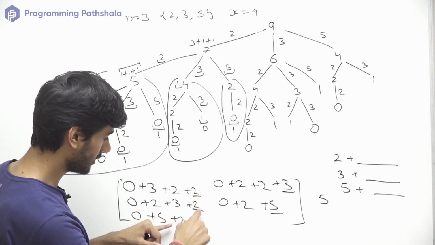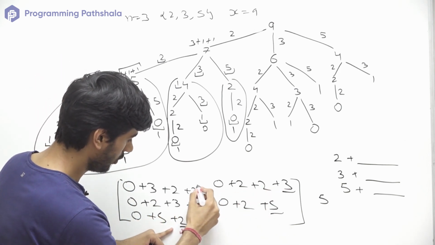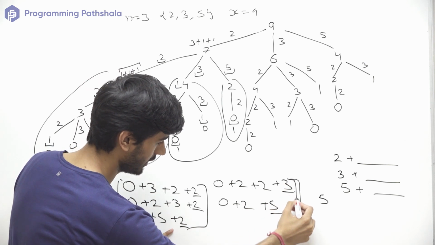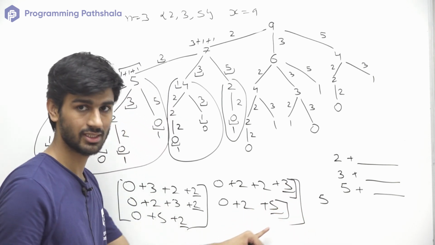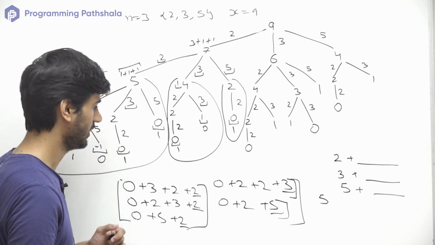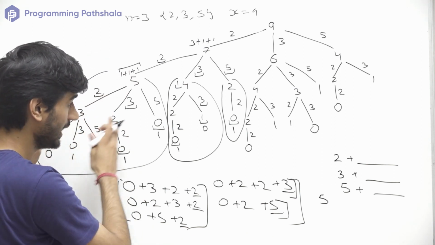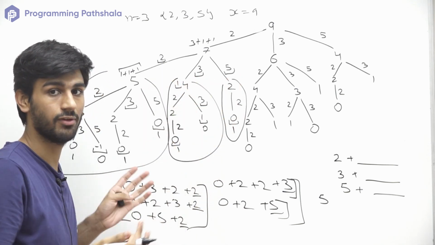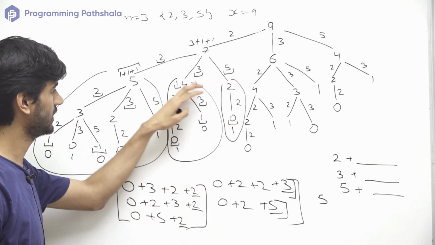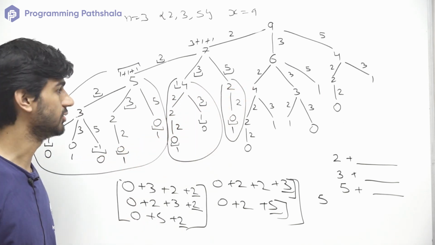So just by looking at the first value, we can say that all these ways will be different than the ways that start with 3, and also different from all the ways that start with value 5, right? So we can say that we will get distinct ways if these values are different, right? 2, 3 and 5 are distinct values, right?